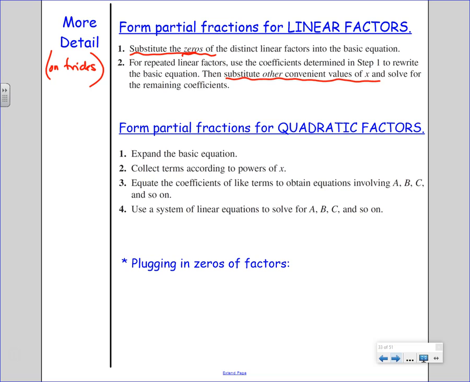Quadratic factors? We haven't even seen quadratic factors yet, so let's not write that down. Long story short from this entire page, I just want you to realize we can plug in zeros of factors. We can plug in when x equals not capital A, not capital B, not capital C, but any x's you want. I just tell you zeros are a really good idea. Does that make sense?